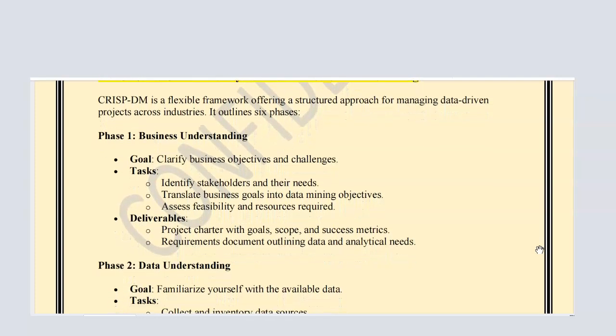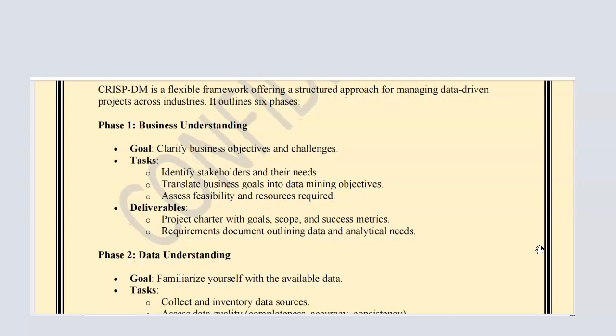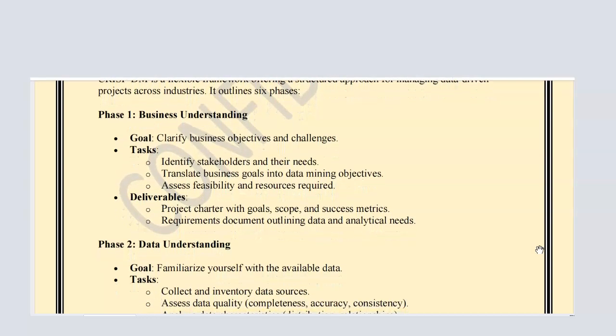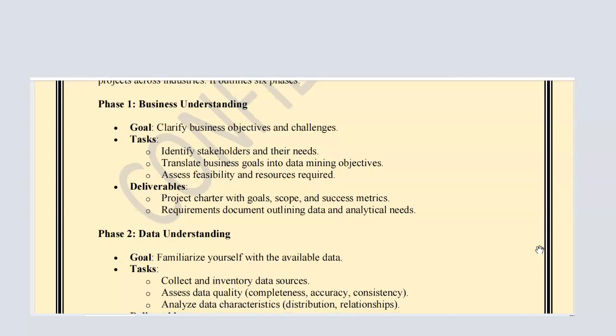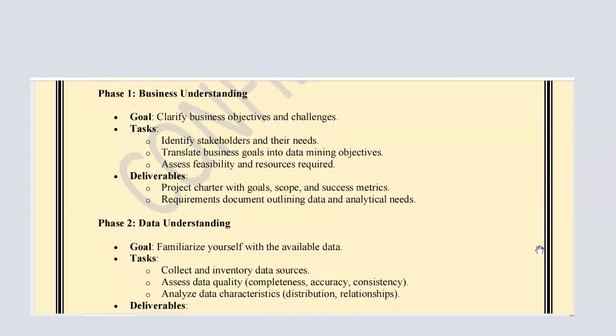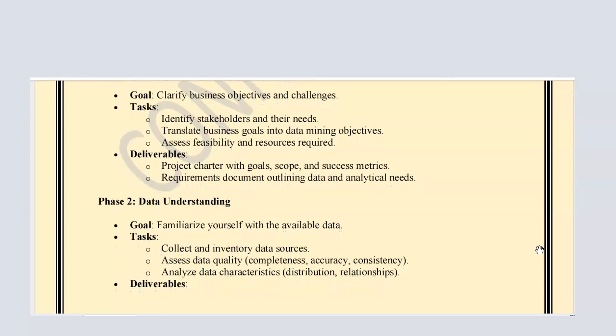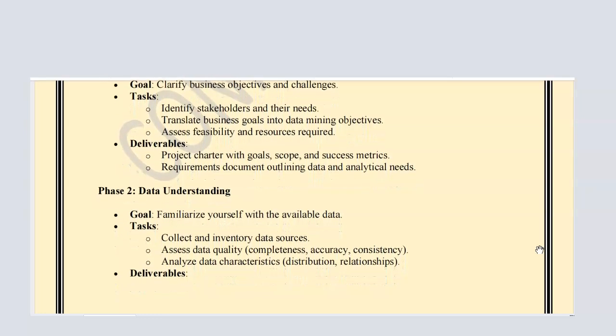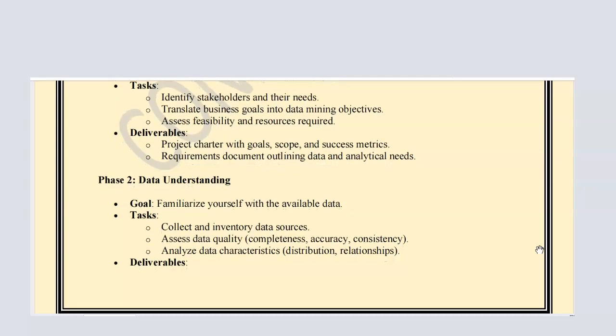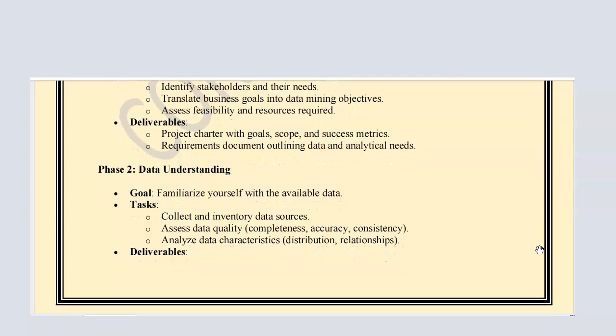The first one is business understanding. You have to clarify the business objectives and challenges, and then you translate that business goal into data mining objectives. The second one is data understanding, whereby you explore and familiarize yourself with the available data.